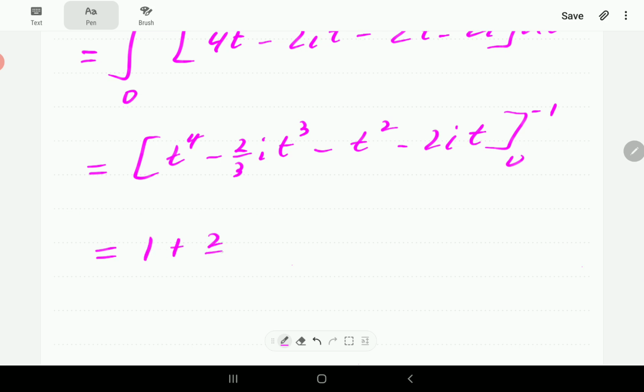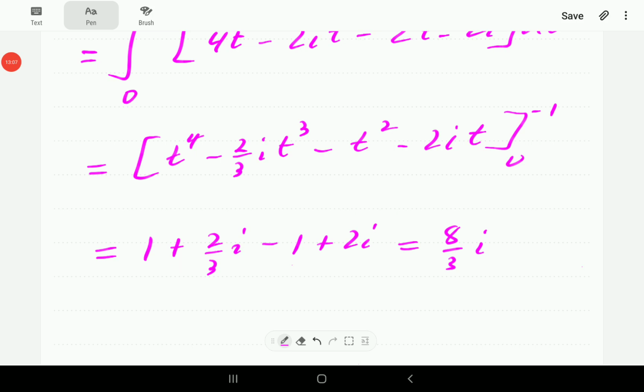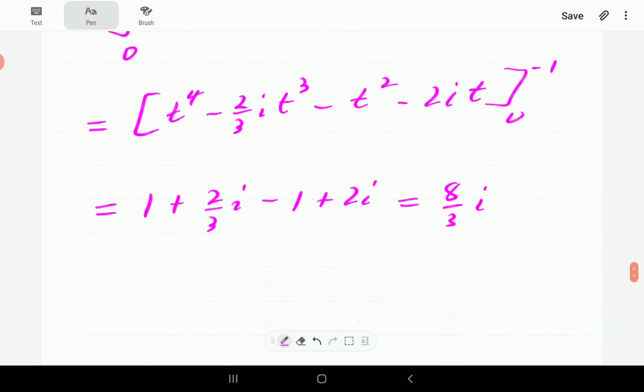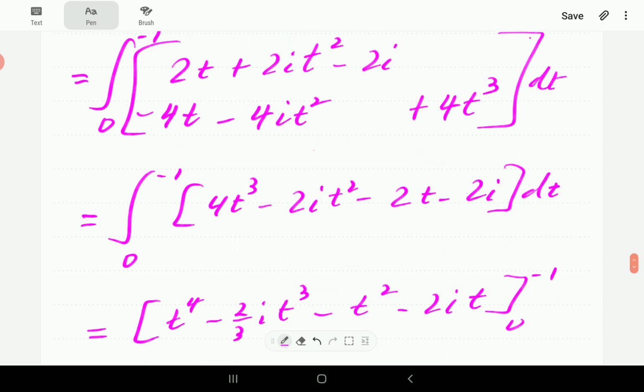This one is going to be plus 2/3 i, minus 1, plus 2i. The ones are going to cancel out, and the i's are going to work out to 8/3 i. Okay, so that's how the integral works out along the parabolic contour. So we got 8/3 i.